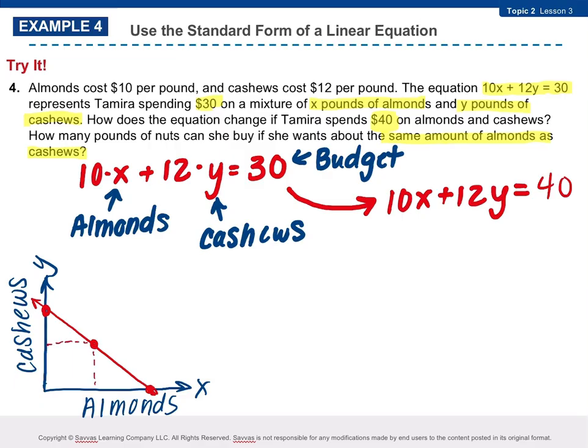as almonds. And so if I wanted to do this without a graph, what they're saying is that Tamira wants X and Y to be the same, right? She wants X to be equal to Y. So let's say X and Y are equal. What does that let me do in my equation?